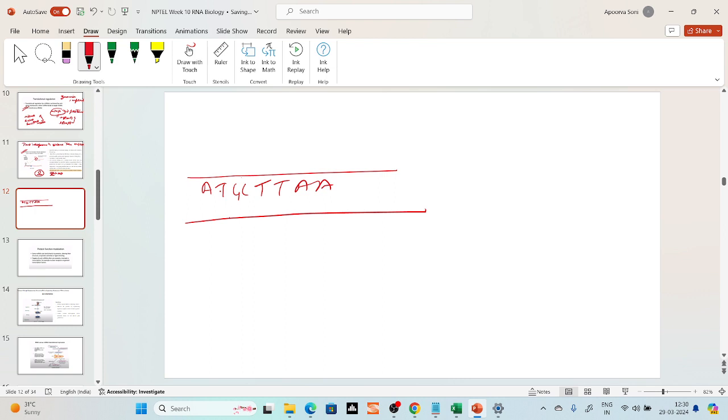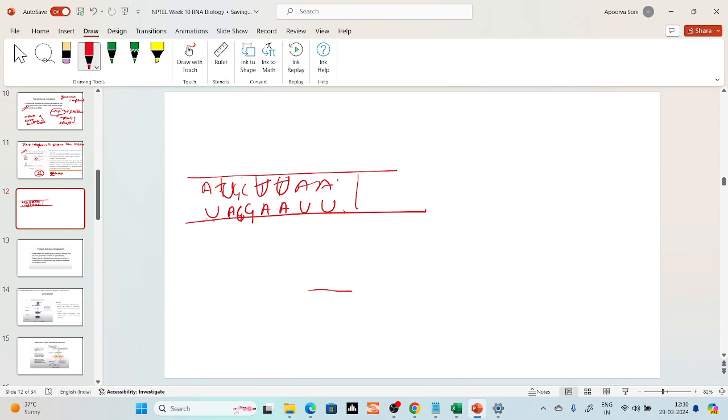So you see, this is your RNA, and this RNA can pair with this RNA when the sequences are complementary. That means it should be U because it is an RNA. So if it is U, A, C, G, A, A, U, U, then this RNA can pair with this and it will form a double-stranded RNA.